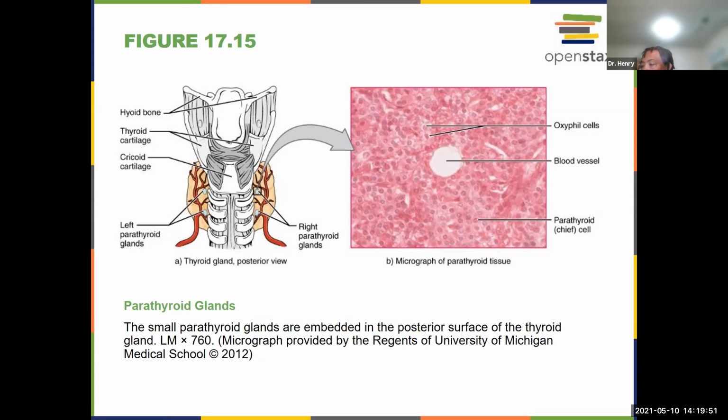And we're going to stop here, and we'll talk about its maintenance of the calcium homeostasis in the body.